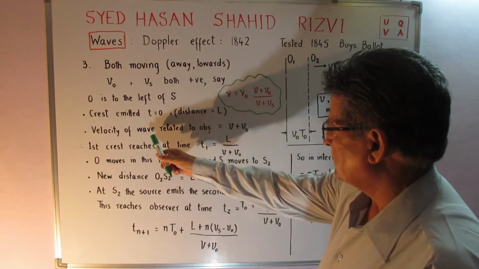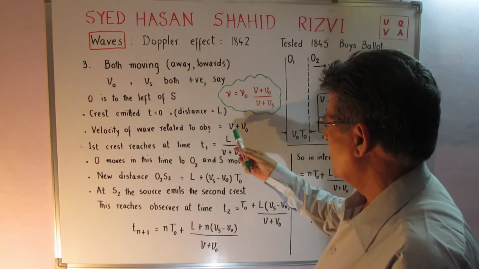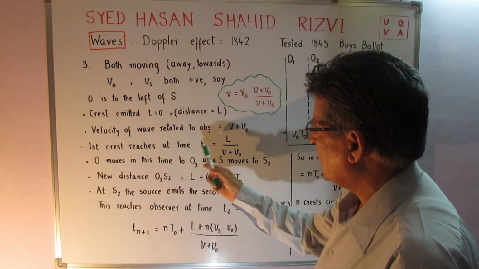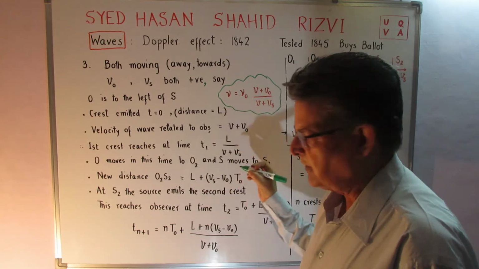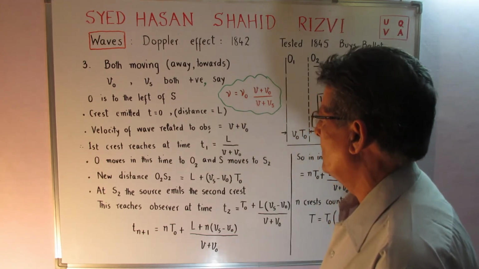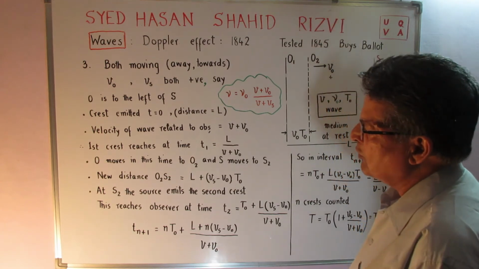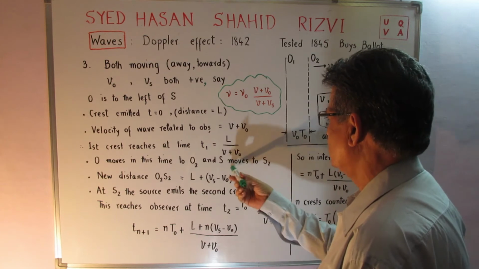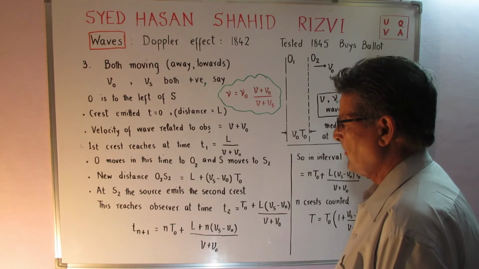The velocity of the wave relative to the observer is v plus v observer, and the first crest reaches at time t1, which is L, the distance, divided by this new velocity v plus vo. Now O moves in this time t1 to O2, and S moves to S2 from the original position of S1.